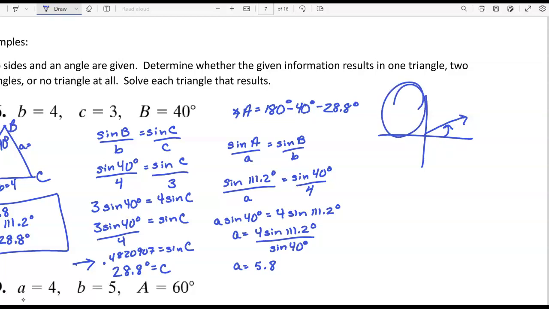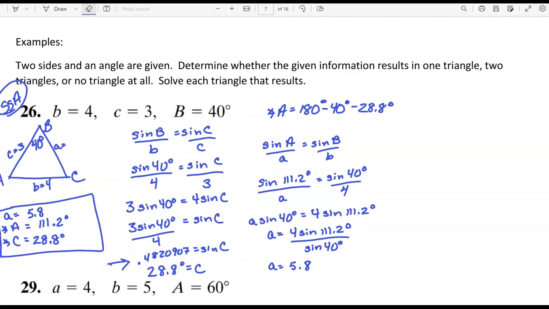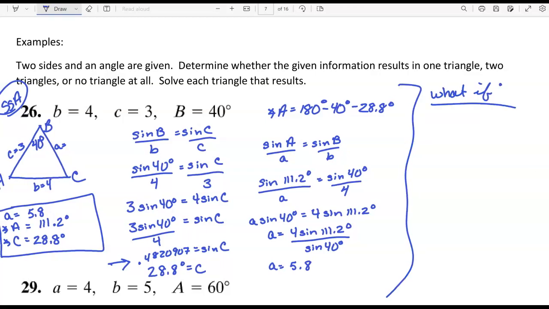So we could end up with something that's over here when we take inverse sine. We don't know unless we test it. And that's why this is a little bit more complex than the other two cases. So we've got to do a what-if scenario.